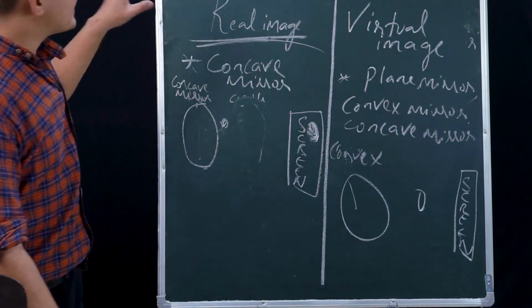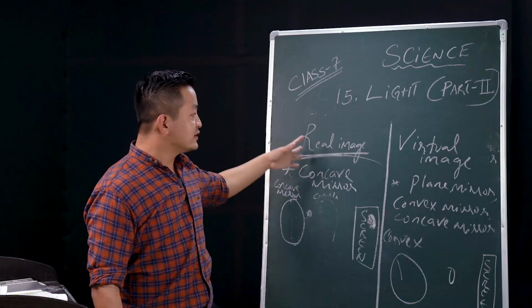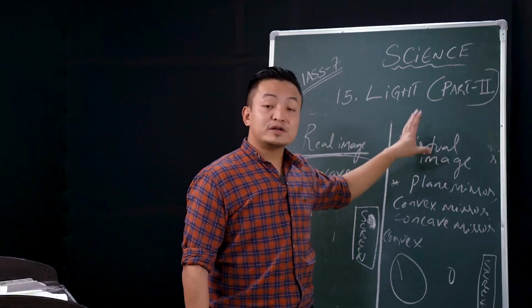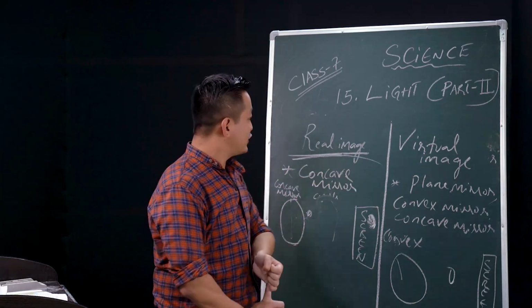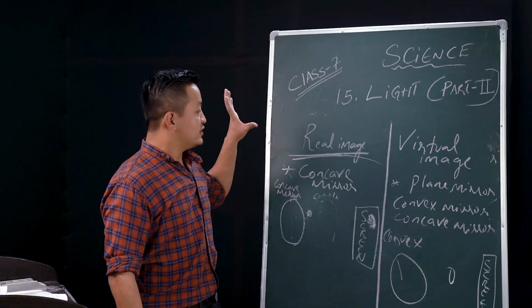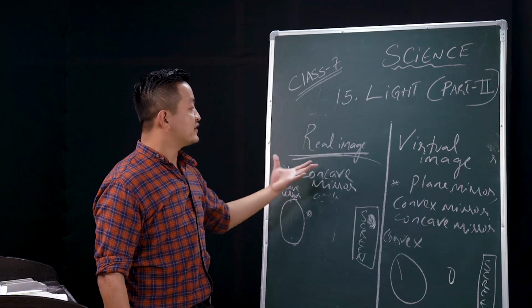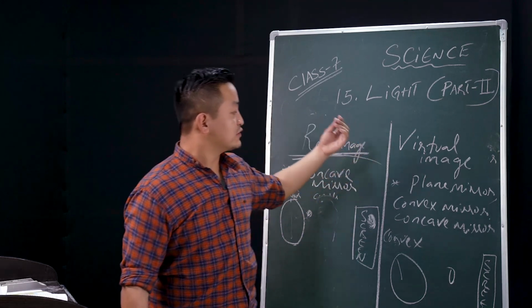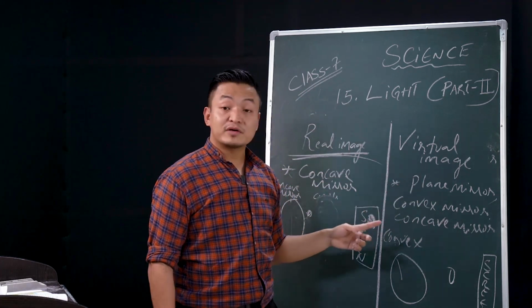So now the second point under real image, you can write that real image can be projected on a screen, whereas the virtual image will not project on the screen. Clear? So you should be clear with two points. Real image, concave mirror will give us. But virtual image, we can get from the plane mirror, convex mirror, and concave mirror.